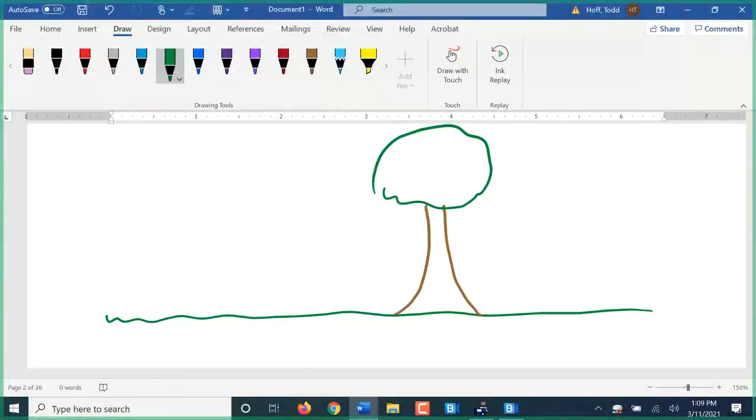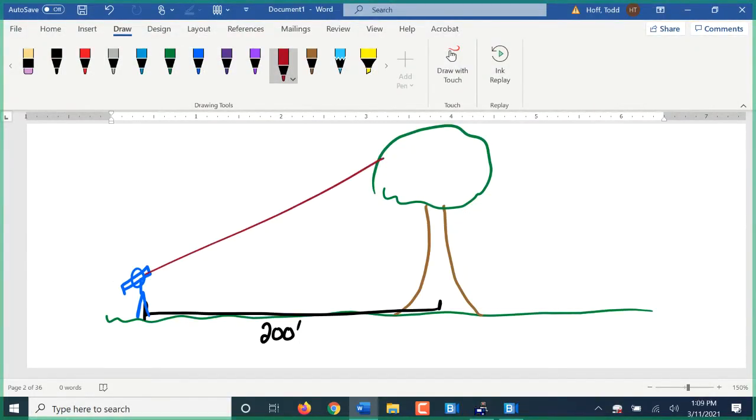Well, we can also use a theodolite. If I measure from the center of the tree over, let's say I come back here 200 feet, then I set up my theodolite, and I sight from the theodolite to the top of the tree.